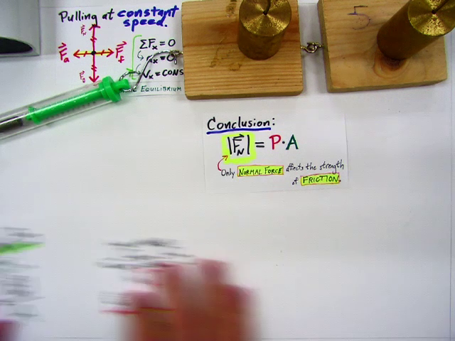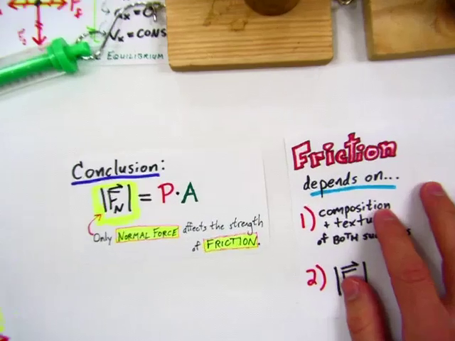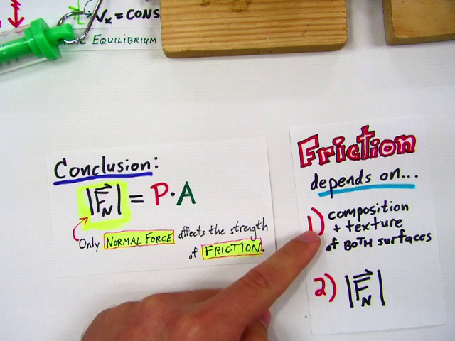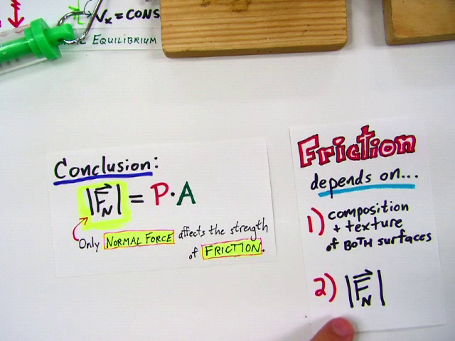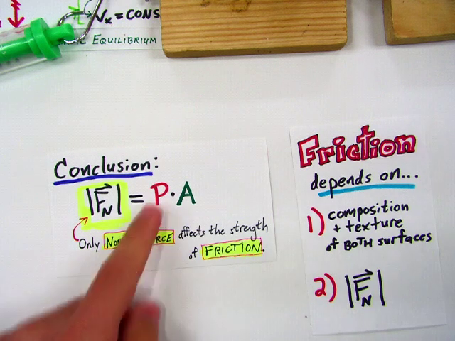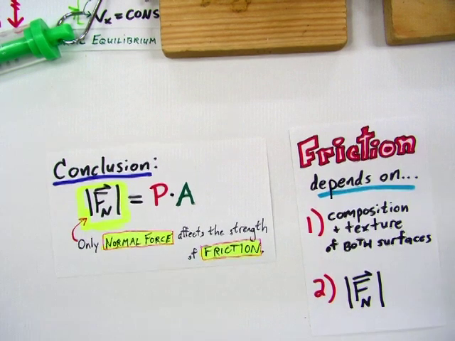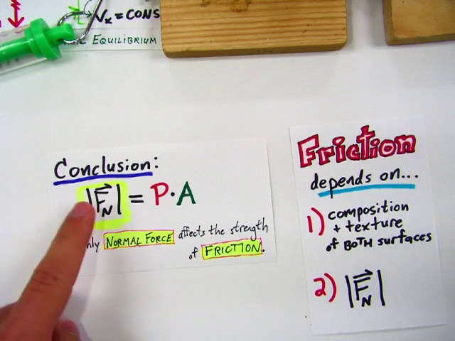So, to recap here, under the Coulomb model for dry friction, the strength of the force of friction depends on 1, the composition and texture of the 2 surfaces in contact, and 2, the magnitude of the normal force. That's it. Changes to the pressure or to the surface area do not affect the strength of friction unless the product, P times A, results in a different normal force.